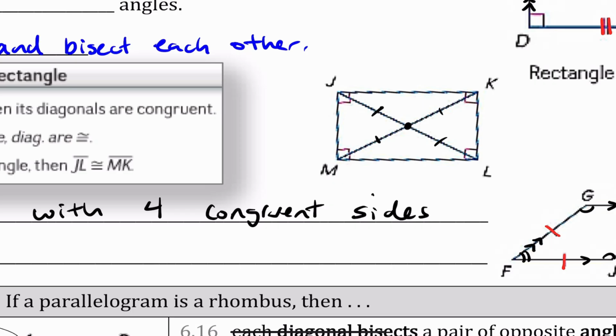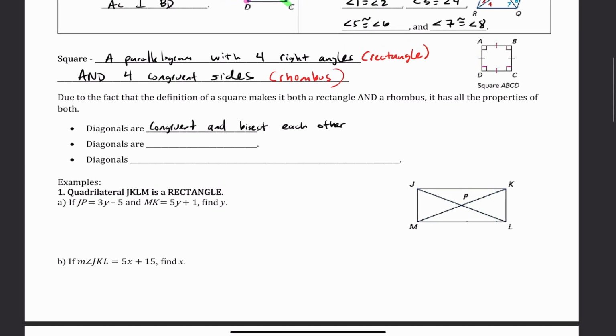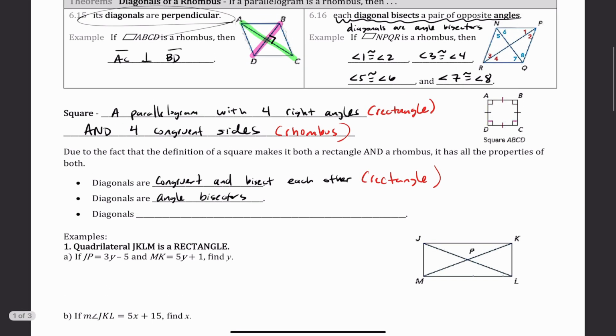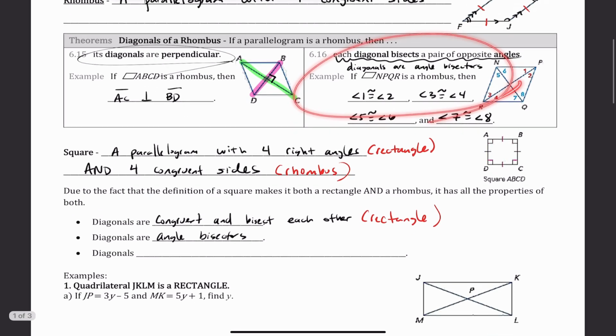Since we have the diagonals being the same, we can put 1 tick mark here and 1 tick mark there. And we can also put 1 tick mark here and 1 tick mark there. So the diagonals are congruent and they bisect each other. That just steals the idea from a rectangle. The diagonals are angle bisectors. That's taking that idea from a rhombus.